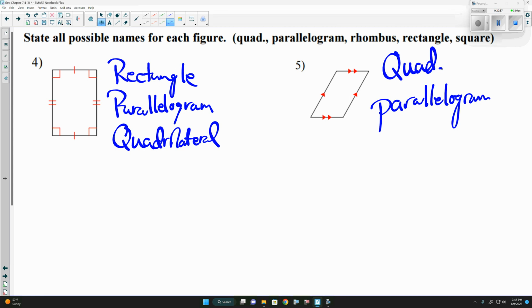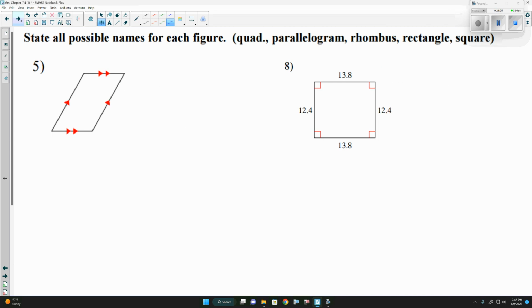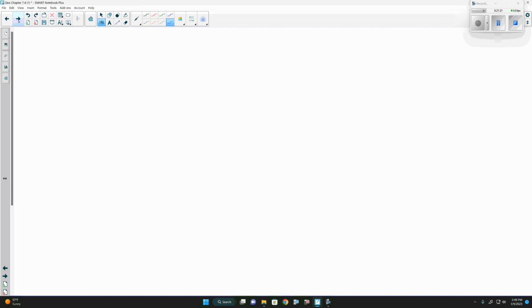Is it a rhombus? Is it a rectangle? If it's neither of those, it can't be a square. So that's it. It is a parallelogram. Wait, it's the same exact shape from the last one. Yep, it is.